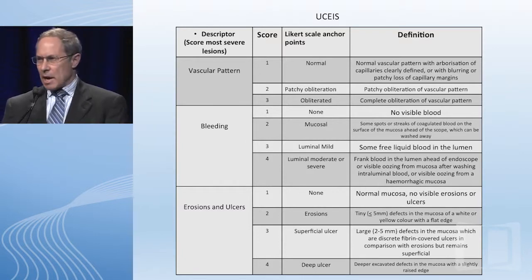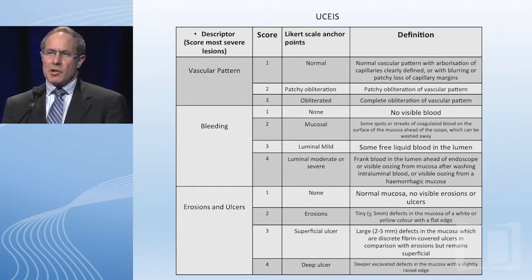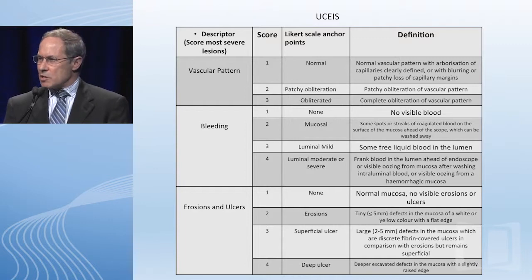And again, I don't expect this to be a lesson in how to score by the UCEIS, but I simply do mention it as a reference or framework by which we should be viewing patients with UC and interpreting the scores.